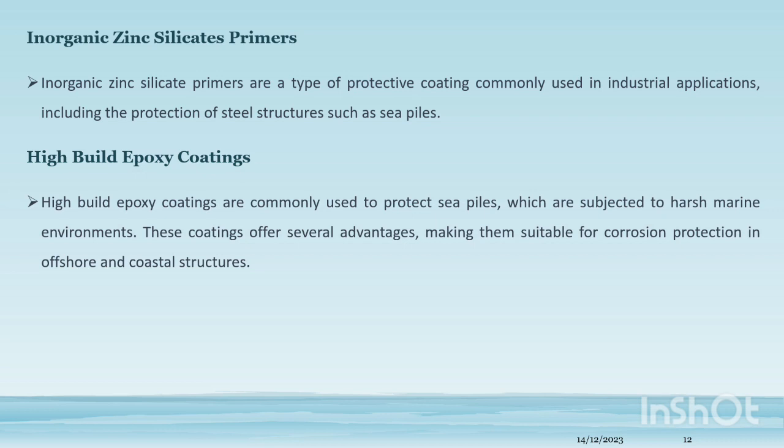High build epoxy coating. High build epoxy coatings are commonly used to protect sea pipes, which are subjected to harsh marine environments. These coatings offer several advantages, making them suitable for corrosion protection in offshore and coastal structures.